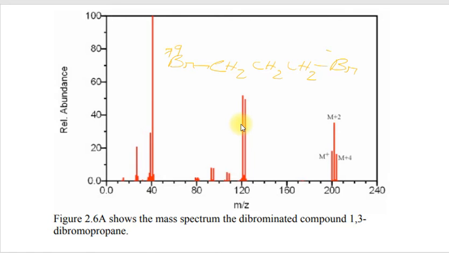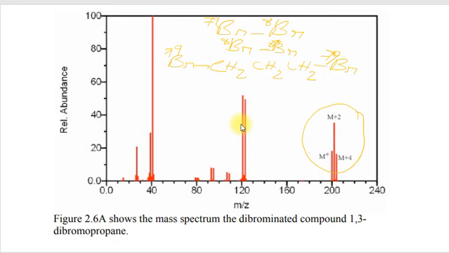You can have 79, 79, or you can have 79 and 81, or you can have 81 and 81. So you have again a set of molecular ion peaks.